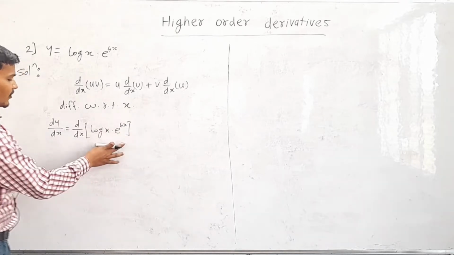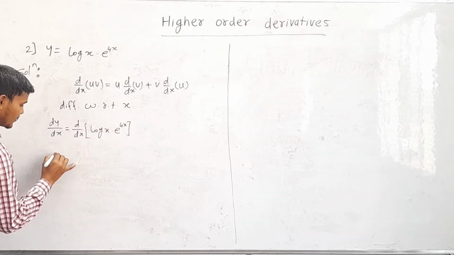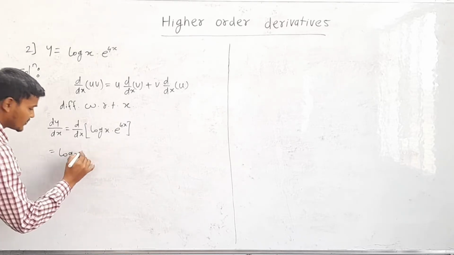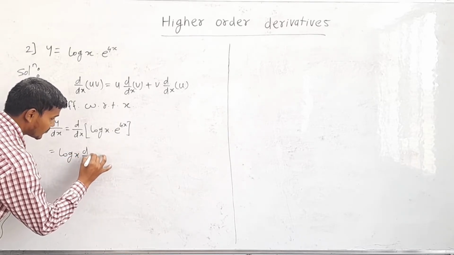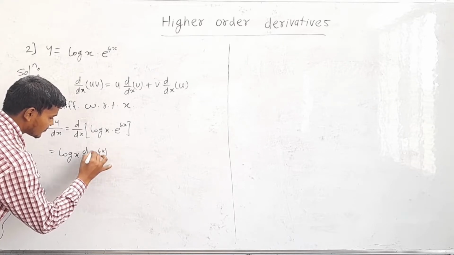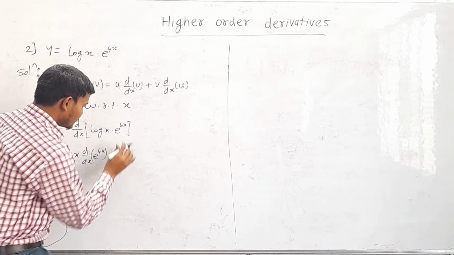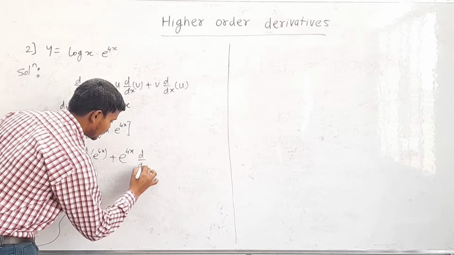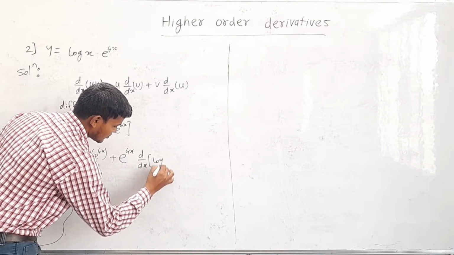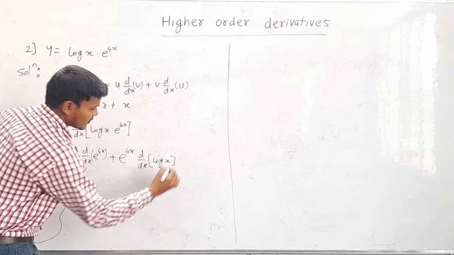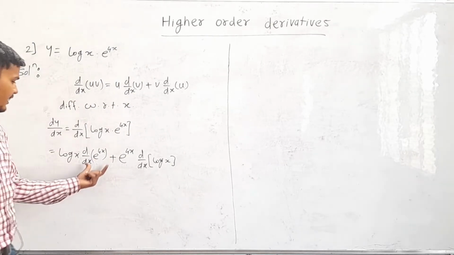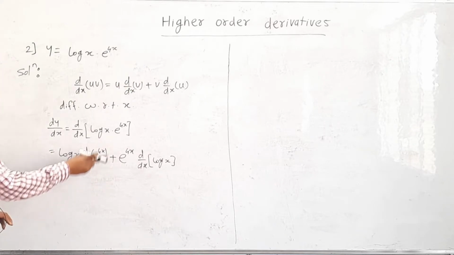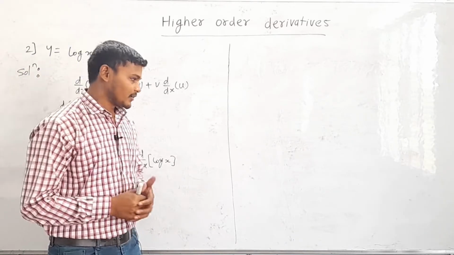Now, apply this formula: first term as it is, that is log x, times the derivative of the second term, that is d by dx of e raised to 4x, plus the second term as it is, e raised to 4x, times the derivative of the first term, that is d by dx of log x. Now, here we should know the derivative of e raised to x is e raised to x and the derivative of log x is 1 by x.